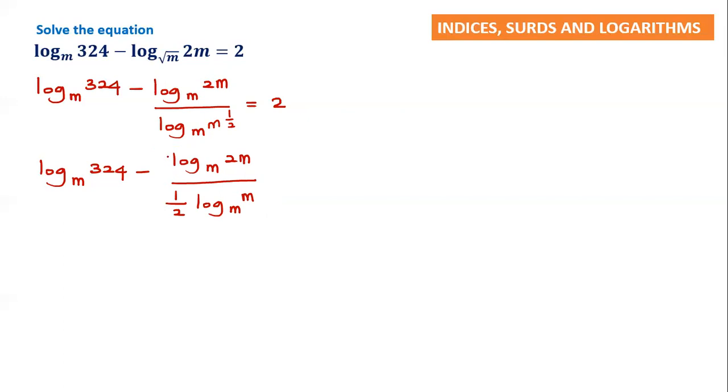The number in front of the log is 1, and the number in front of the log here is 1 over 2. So if you take your calculator, 1 divided by 1 over 2, your calculator will give you 2. Understand? The calculator will give you 2.